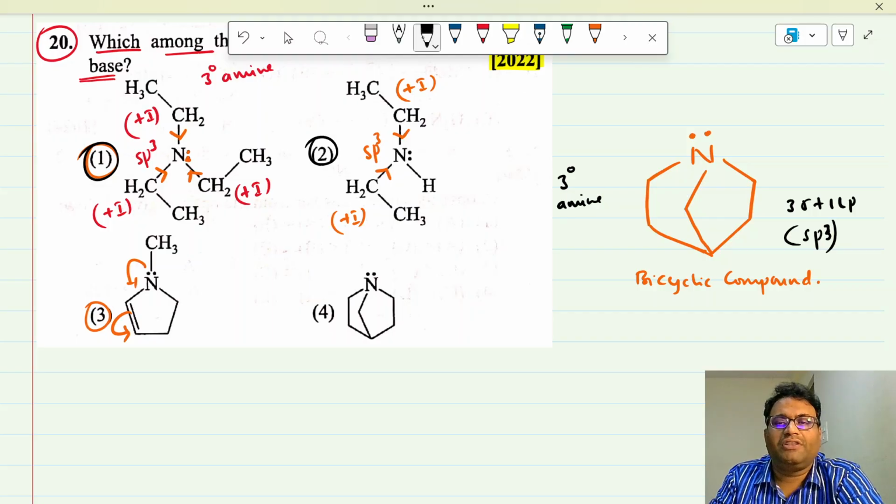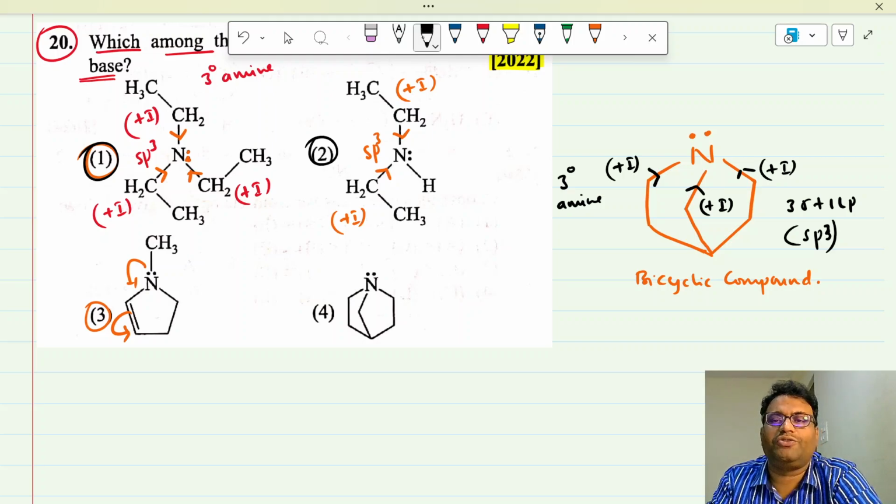That means it shows plus I, plus I, plus I. 3 alkyl groups are pushing the electron density towards nitrogen. So no doubt about it, availability is more. Not only that, now the bond angle here will be less than 109 degrees.